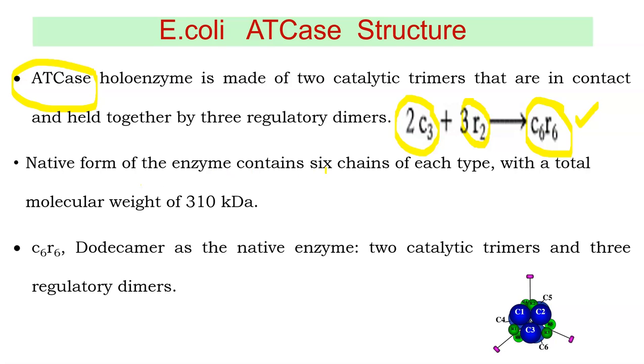The native form of the enzyme contains 6 chains of catalytic subunits and 6 chains of regulatory subunits, with a molecular weight of around 310 kilodaltons. Remember, I told you this. It is a dodecamer, 12 units, having 2 catalytic trimers and 3 regulatory dimers, together making this a holoenzyme. That means it is a multi-subunit complex.